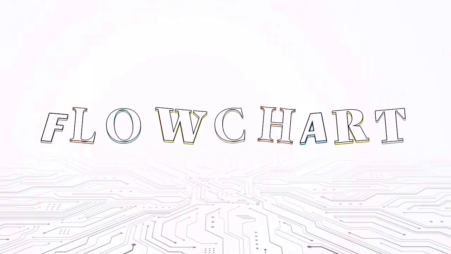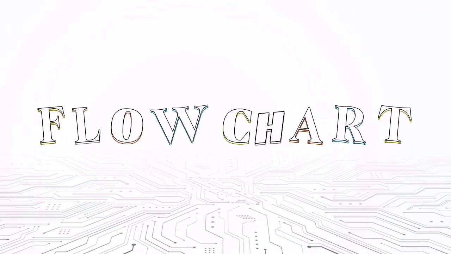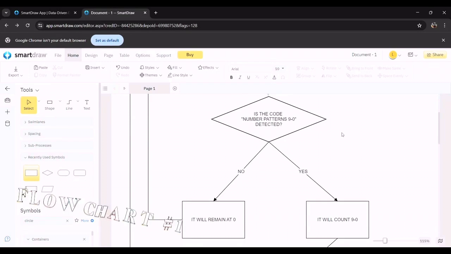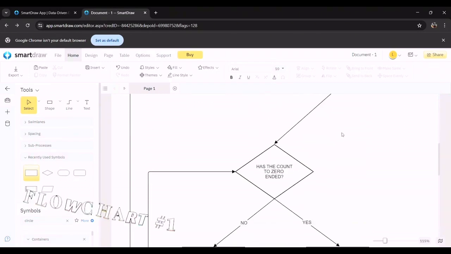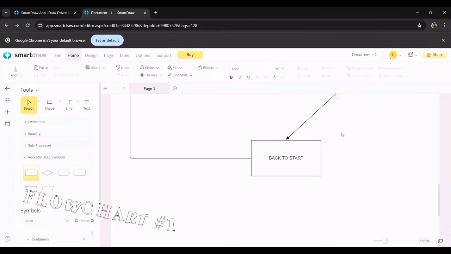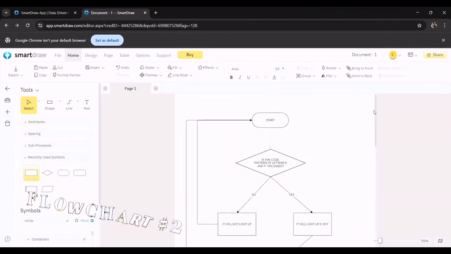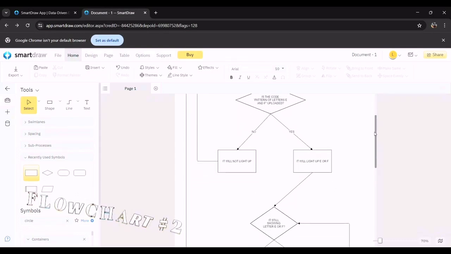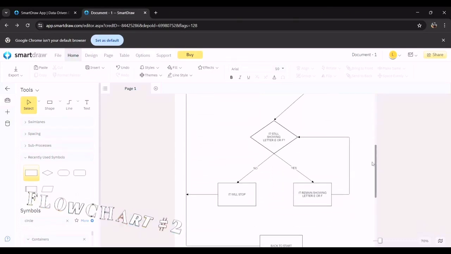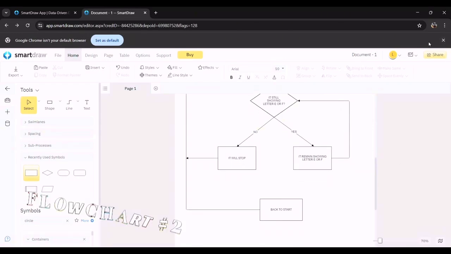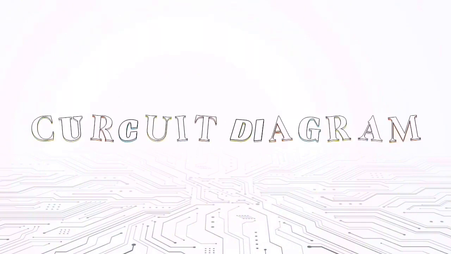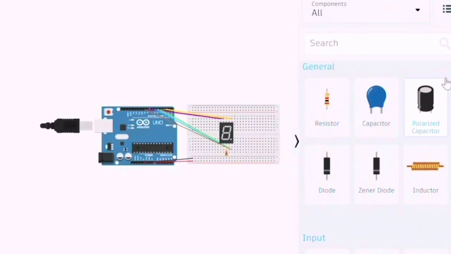So now, let's move to the flowchart and the circuit diagram. For task 1, in the circuit diagram, we just followed what we did in the computer lab.